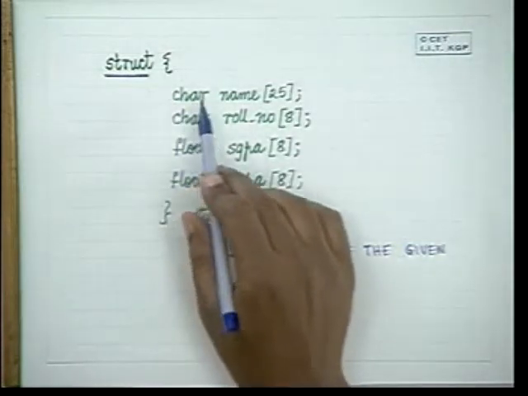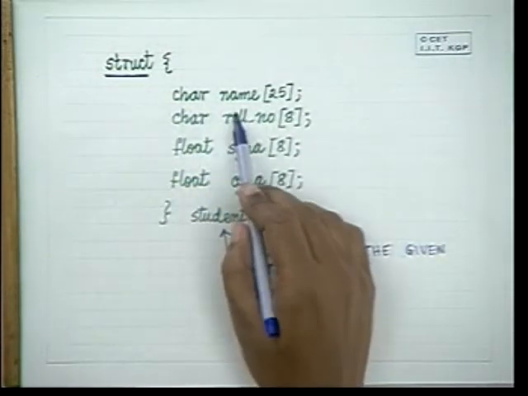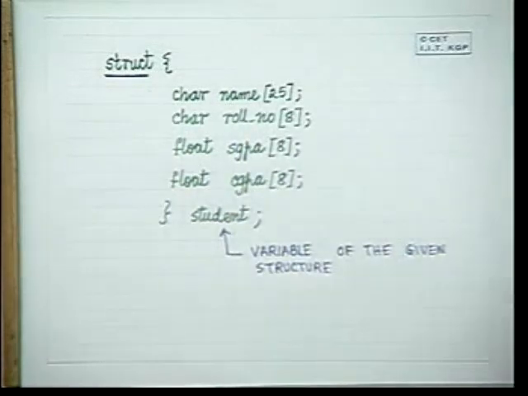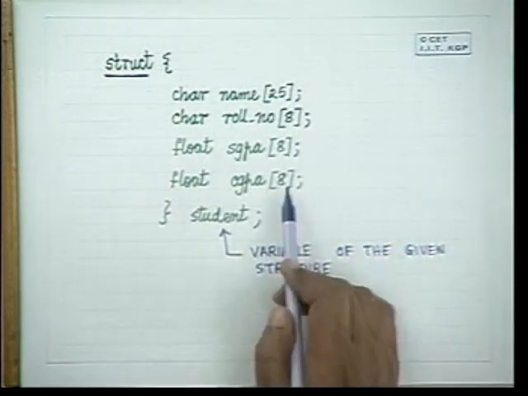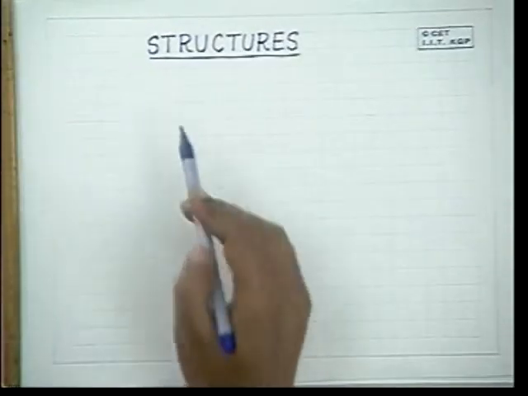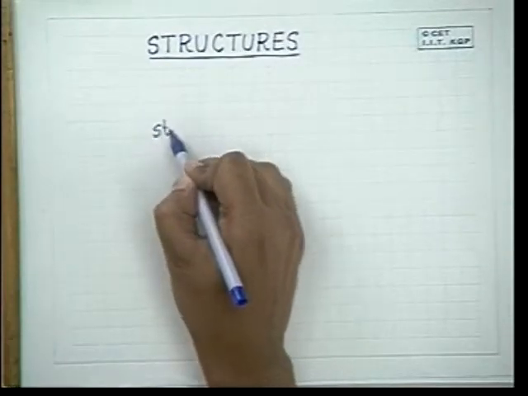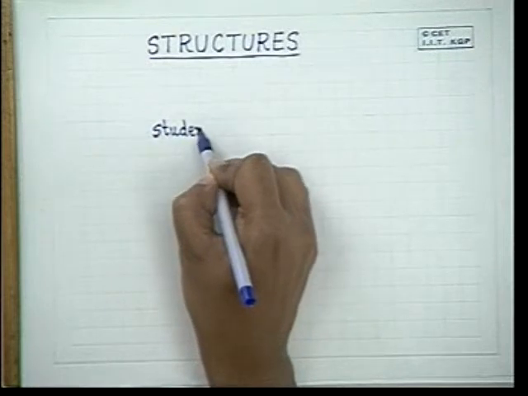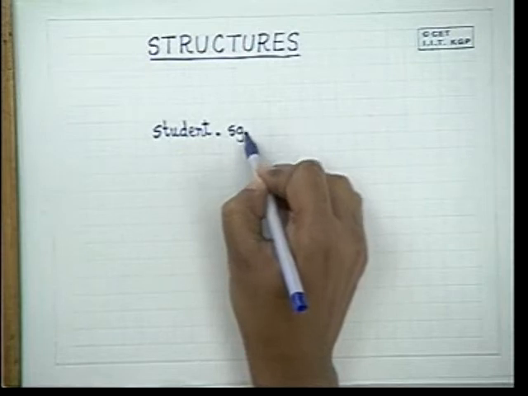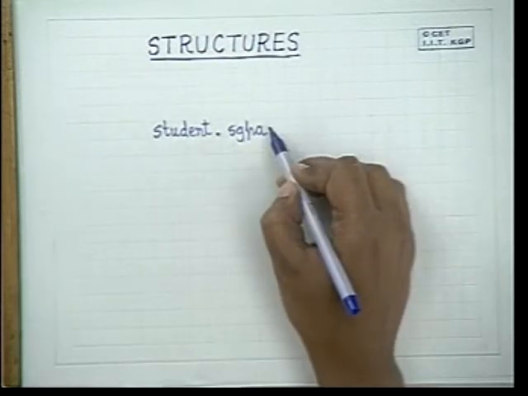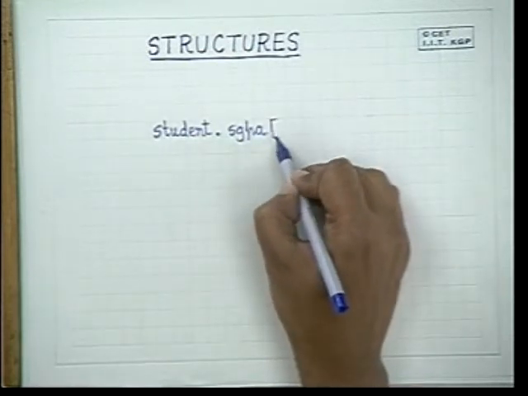Now, in order to access any element here, say suppose I want to access the SGPA of the third semester, then what I would do is student dot SGPA, third semester, index 0, 1, 2, so 2.